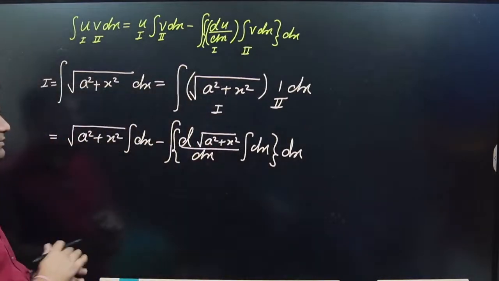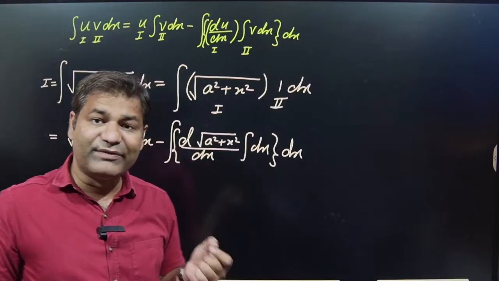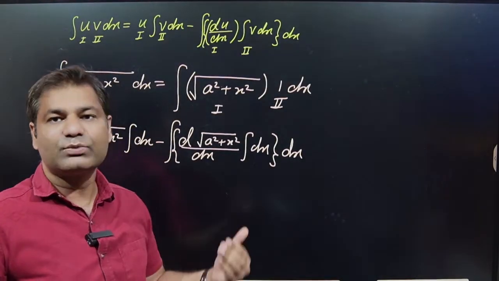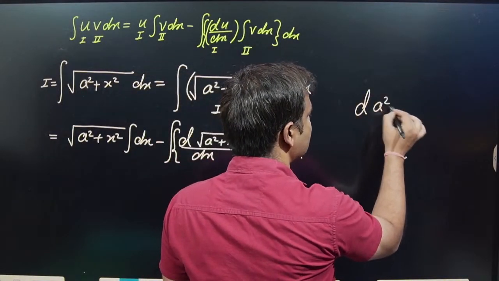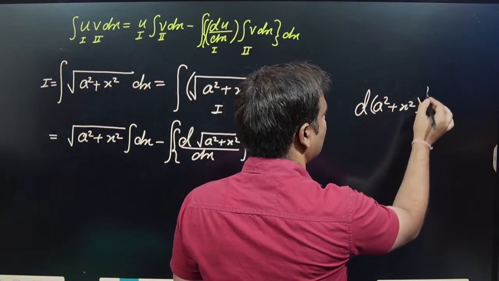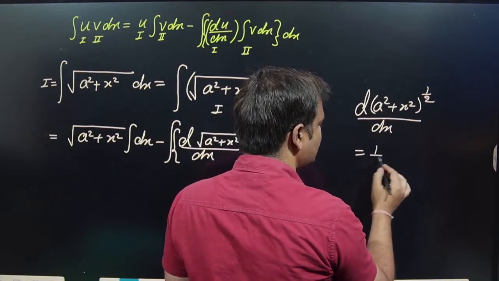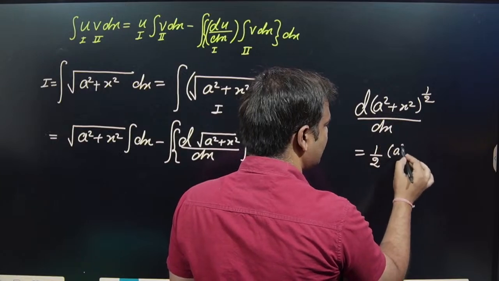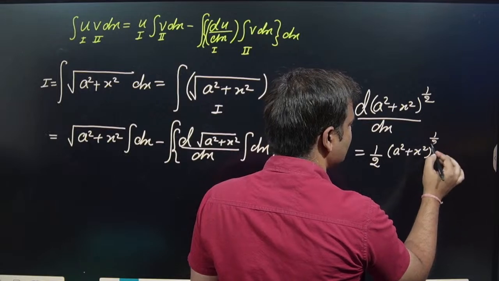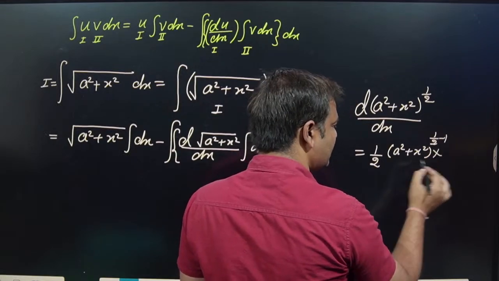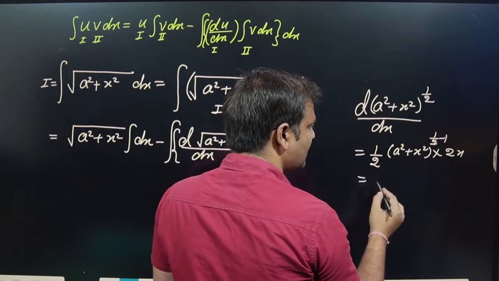Integration of dx is simply x, but what is the differentiation of under root a square plus x square? The differentiation of a square plus x square to the whole power 1 by 2 is 1 by 2 into a square plus x square to the power 1 by 2 minus 1, into the differentiation of this, where a square is 0 and here it is 2x, so 2 cancels.